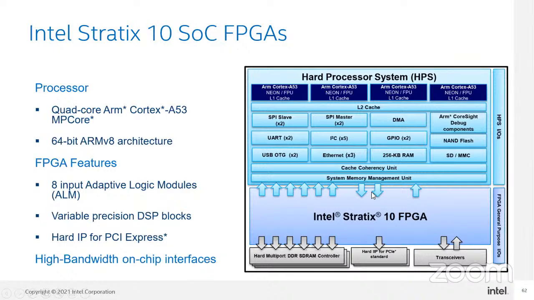Right. As a summary, on the processor side, you will have the quad-core application processor A53, which is based on the 64-bit ARM version 8 architecture. And on the FPGA side, it is going to have the 8-input adaptive logic module, 8-input fracturable lookup table, and a variable precision DSP block available on the FPGA side.